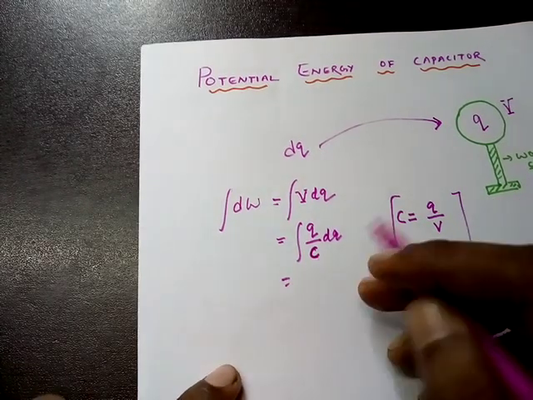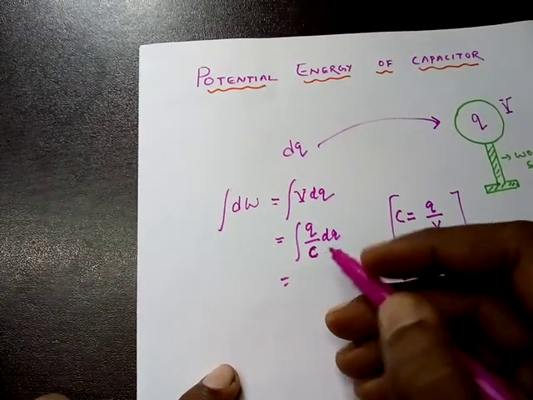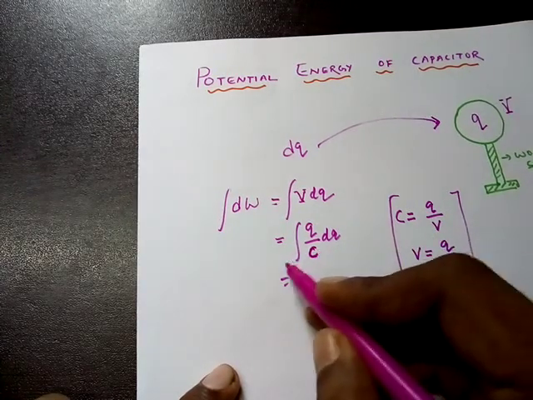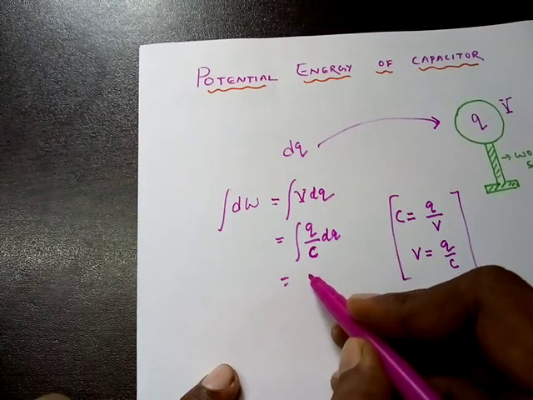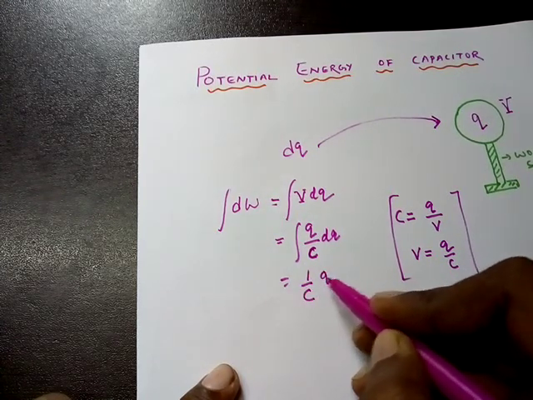C will remain constant because the physical factors like the shape, size, and the surrounding neighboring materials remain unchanged. So C comes out of the integral.